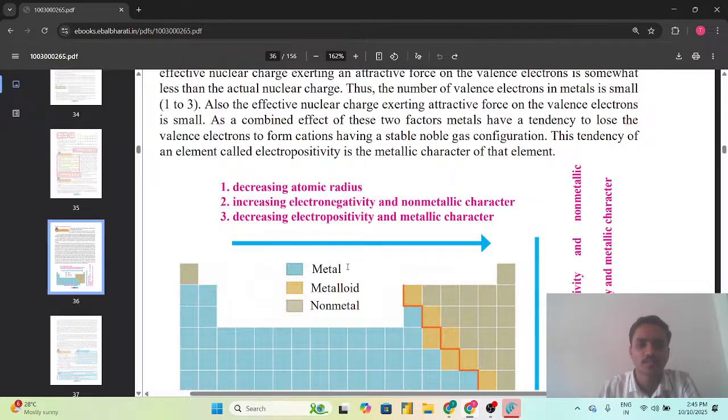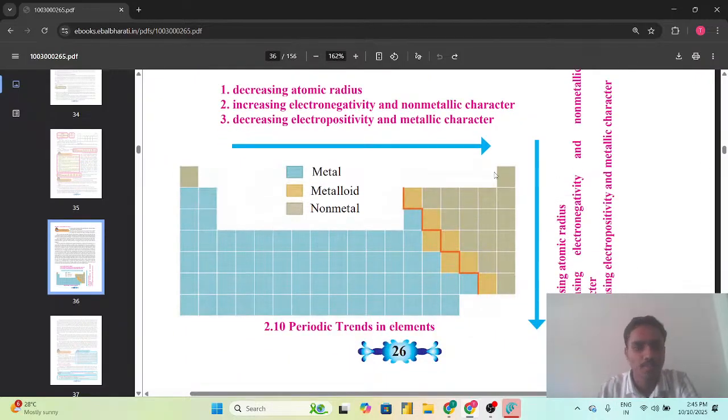Decreasing atomic radius, जैसा कि हम यहाँ से यहाँ पर जाएंगे मतलब पीरियड में ट्रेवल करेंगे तो एटॉमिक रेडियस डिक्रीज होती जाएगी. इंक्रीजिंग इलेक्ट्रोनेगेटिविटी, as electrons will be added, atomic number goes on increasing. Non-metallic character, because we are moving towards the non-metals, and decreasing electropositivity. आसानी सी बात है कि अगर इलेक्ट्रोनेगेटिविटी इंक्रीज हो रही है तो इलेक्ट्रोपॉजिटिविटी विल बी डिक्रीज, and the metallic character also decreases.